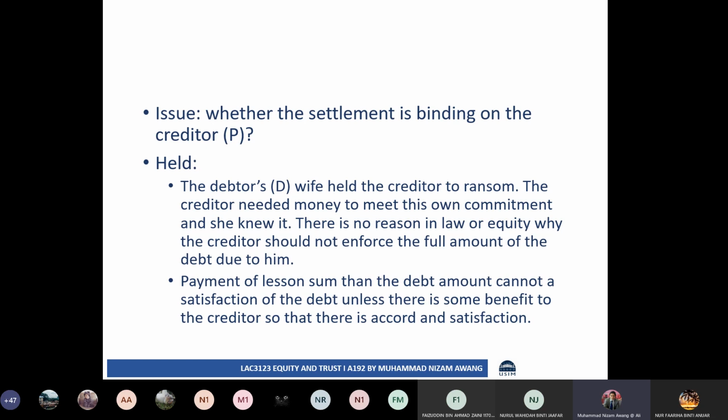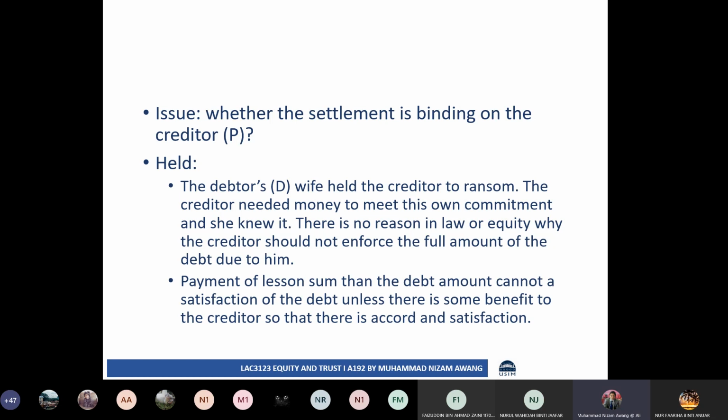Basically, if you follow this case from the beginning, the outstanding amount was £480. But the defendant could not afford to pay the full amount, so they offered to settle the debt by offering £300. The plaintiff did not have any choice but to accept, otherwise they would go bankrupt.